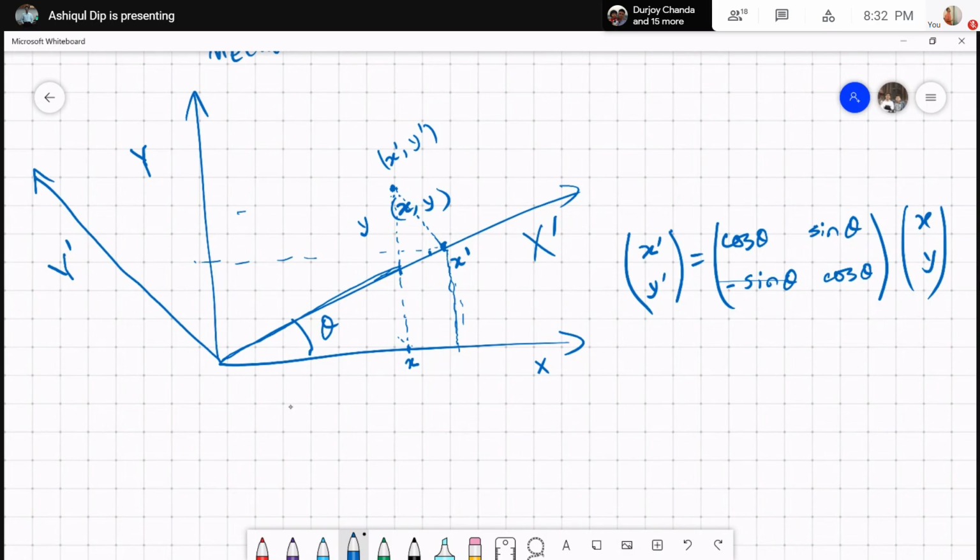Okay. How do I do it? This coordinate is X and this is Y. Actually, I need a relation between these two lengths and this height.